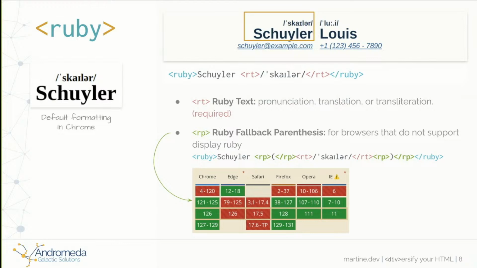But you can also put an RP, which is the fallback parentheses. In an event such as Edge or Safari, which don't support the styling and wouldn't stick it above the word like Chrome does, that would conditionally put in the parentheses for you, so it would be beside the word in parentheses instead of above the word. If the style is supported, it ignores the parentheses, but if it's not, it puts them in for you, which is kind of cool.